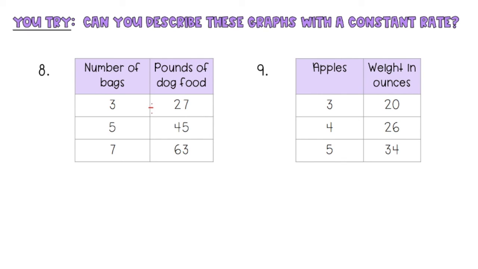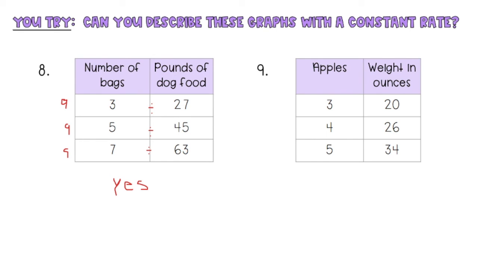I'm going to divide. 27 divided by 3 is 9. 45 divided by 5 is 9. And 63 divided by 7 is 9. So yes, I do have a constant rate. My unit rate is going to be 9 pounds per bag.